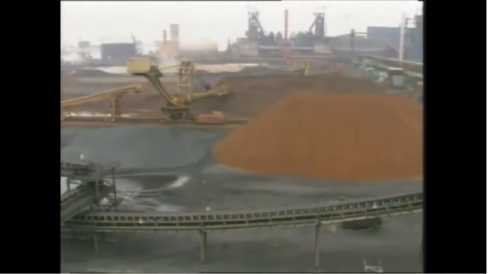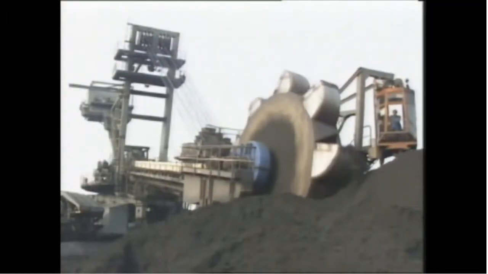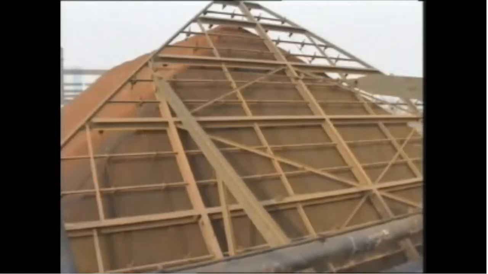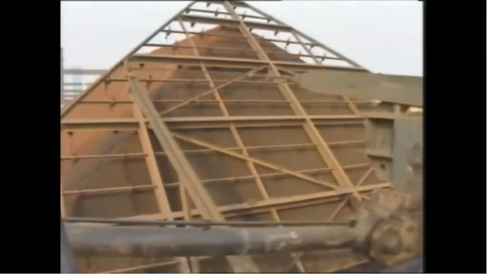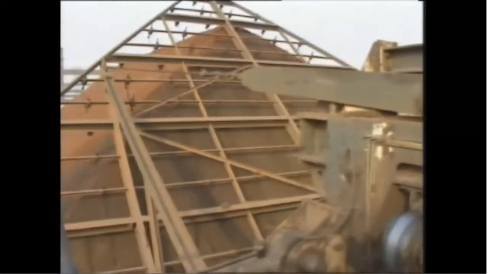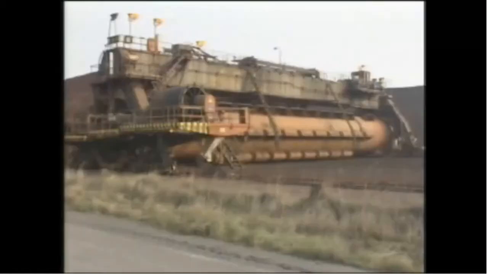Then the various ores are reclaimed and piled in layers on a fines bedding. Before being transported to the next step in the process, the layers are mixed in the rotating drum of a reclaimer to make an optimal blend.